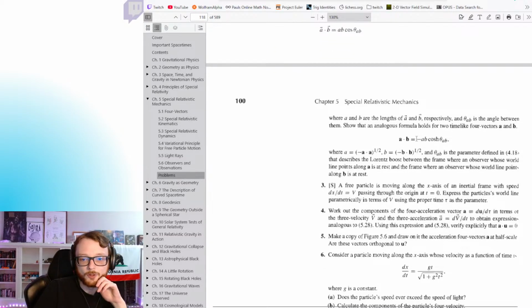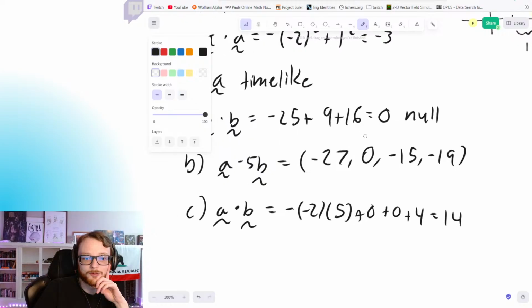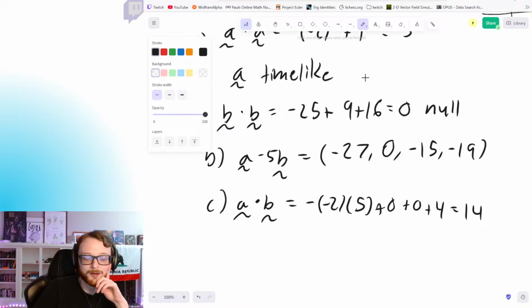For four vectors, A dot B equals minus AB cosh theta, where theta is a hyperbolic angle. But we found that B is magnitude 0. So why didn't we get 0 here?